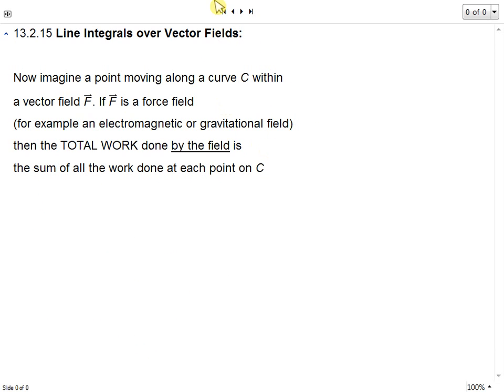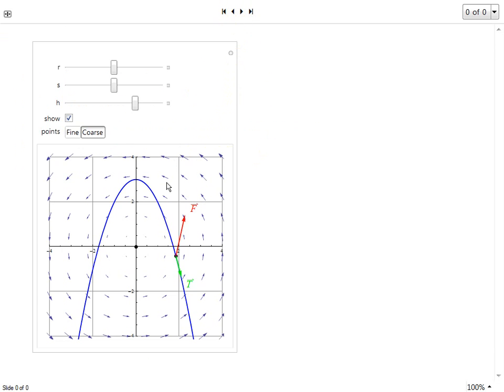So imagine now you have a path, right? So you have this vector field sitting there, two-dimensional here, and you're trying to move along this path. So let me move along this path. See, my point there is moving along that path.